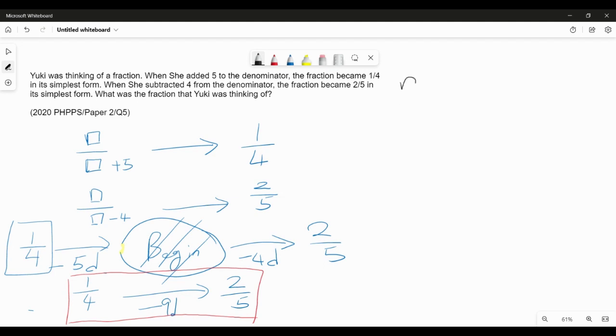I'm just going to put the numerator to denominator. So 1/4, I'm just going to write 1:4. What's going to happen? Minus 9 from the denominator, and it becomes 2:5.